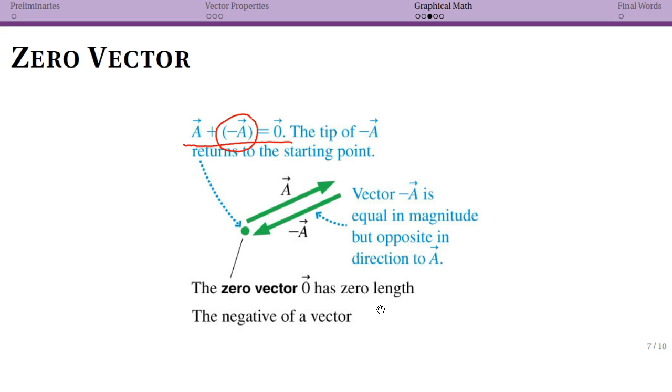And the only way that that will work is if I've completely reversed my direction, but I've gone the same length. So what your negative vector looks like is the same magnitude. So again, remember this means magnitude. So my magnitude hasn't changed, but my direction now, my angle, has effectively inverted itself, right?